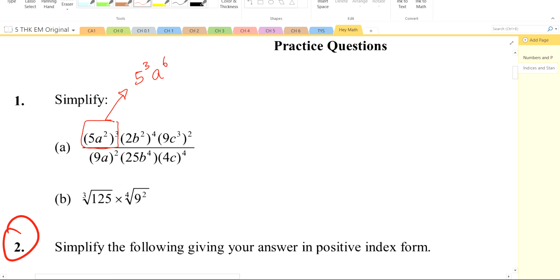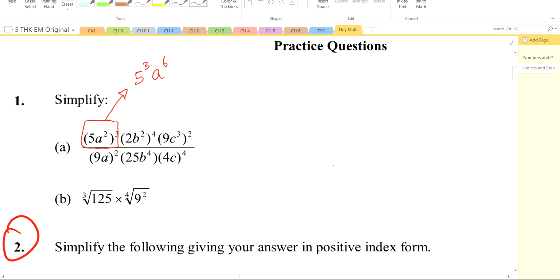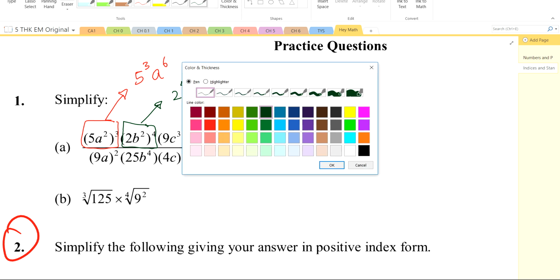Okay, next, let us consider the next one. 2b squared power 4. What does this expand out to give us? 2 power 4, b power 8. Okay, you must have all these at your fingertips, because it's sec. Lower sec, we already talked about them before.